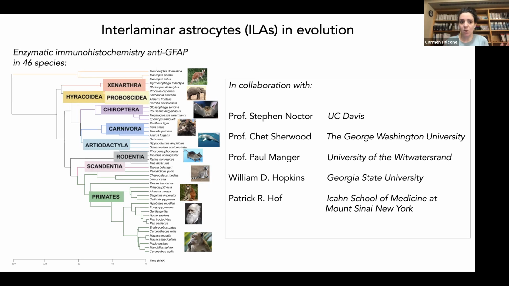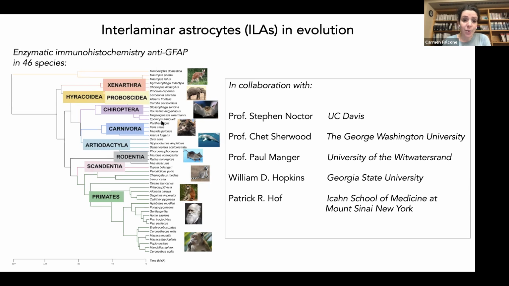My idea at the beginning was to test as many orders as we could, so that we could diversify our investigation and look at as many unrelated orders as we could. This went pretty well, in the sense that we were able to harvest 46 species.